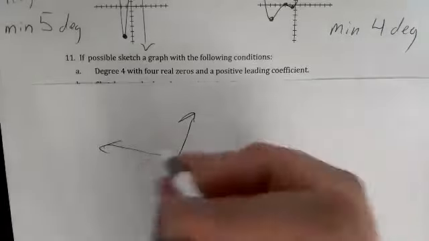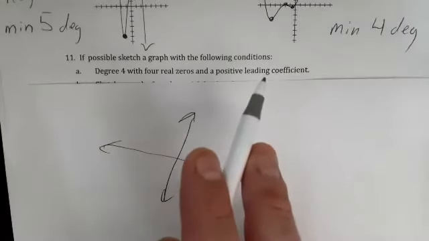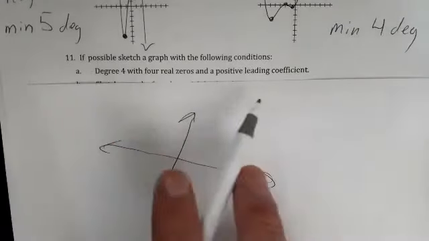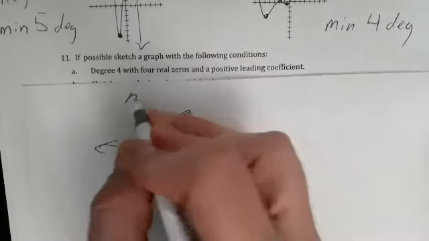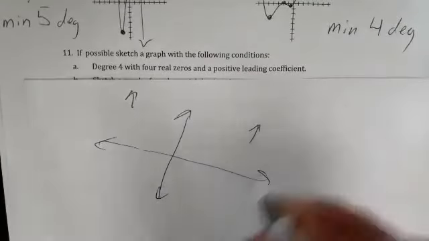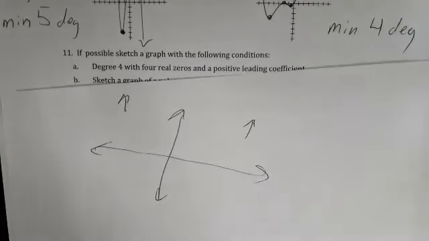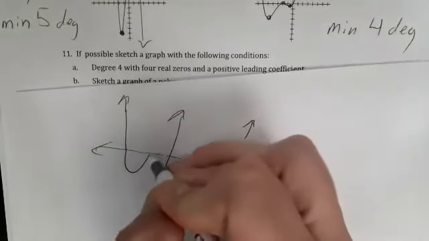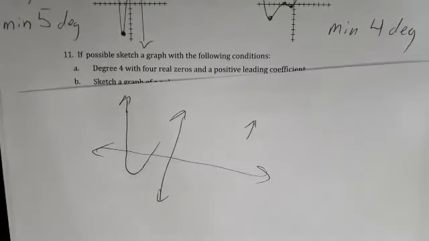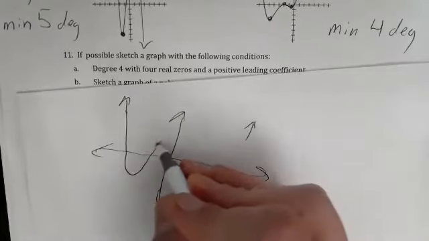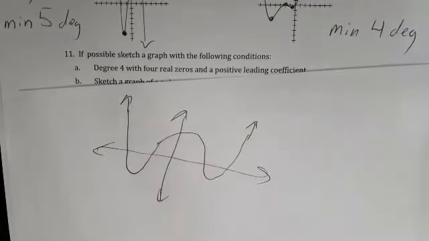So another way I can do this is, if it's a positive leading coefficient in a degree 4, it's a positive even, so I know I'm going to come in and go out like a positive parabola. If you go across the axis and come back through, that's going to give you 2. I think we're going to have to do that twice, right? So I think there might just be one way to draw that one. I guess you can move it left or right across your y-axis.